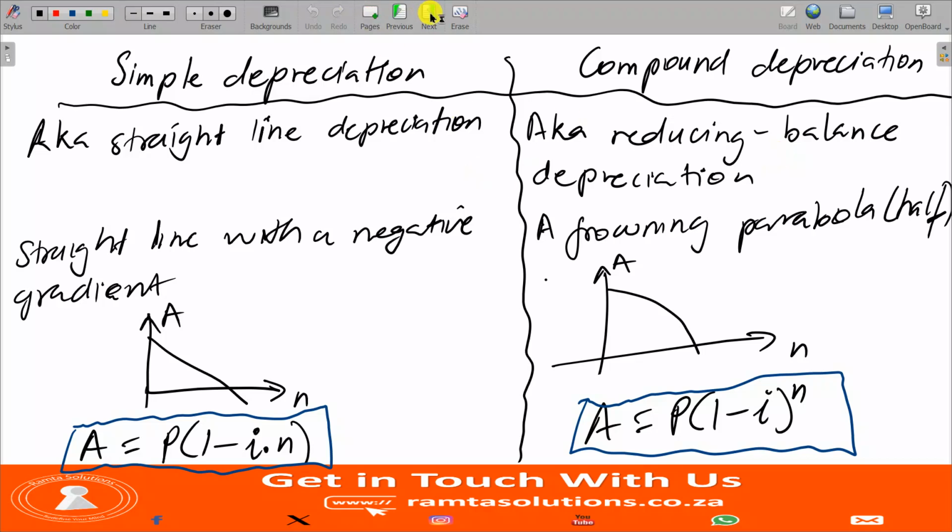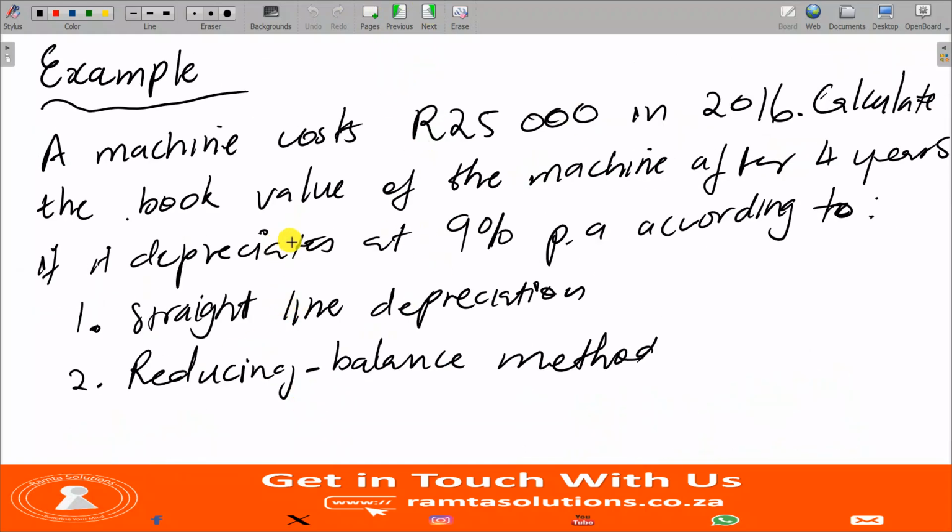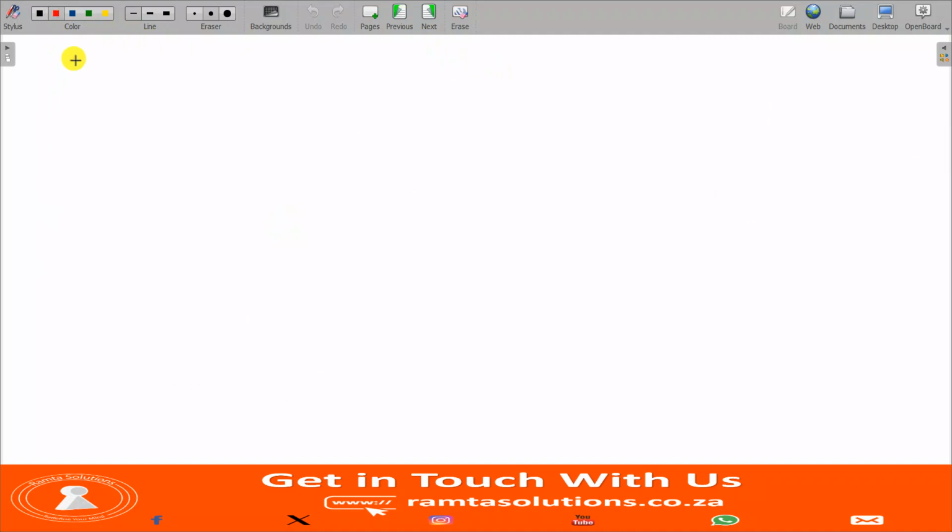Right. So now this is in fact the only example we're going to do. Of course we're looking at the book value using straight line depreciation and using reducing balance depreciation. Okay, so now let's get our solutions. Remember the book value is what we are looking for.